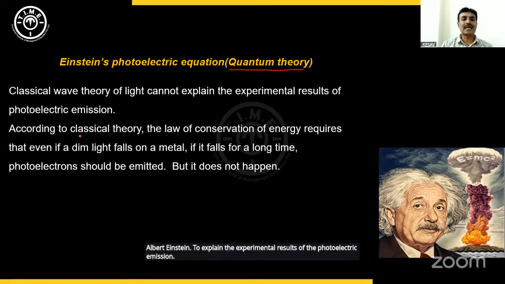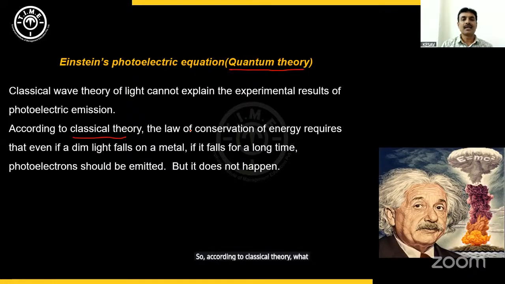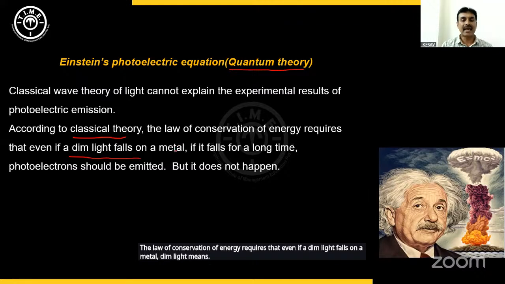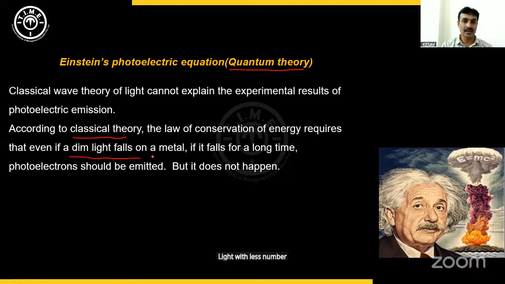So according to classical theory, what is the problem? The law of conservation of energy requires that even if a dim light falls on a metal, dim light means light with less number of photons, dim light, low intense light, if it falls for a long time, then photoelectrons should be emitted.